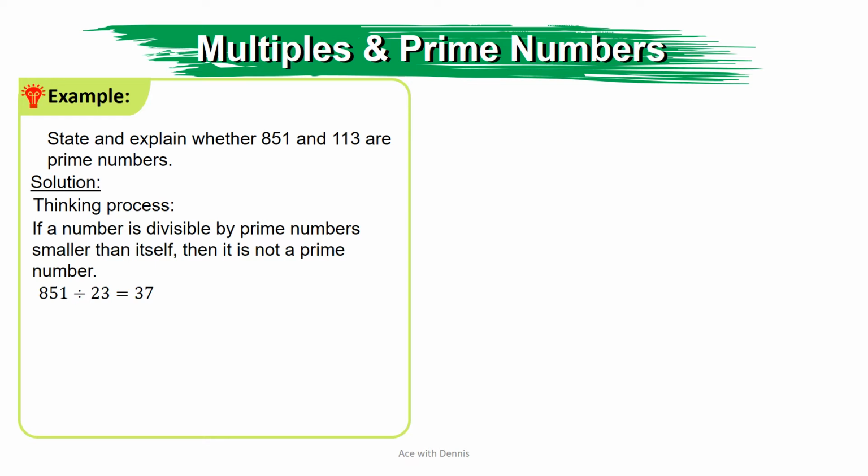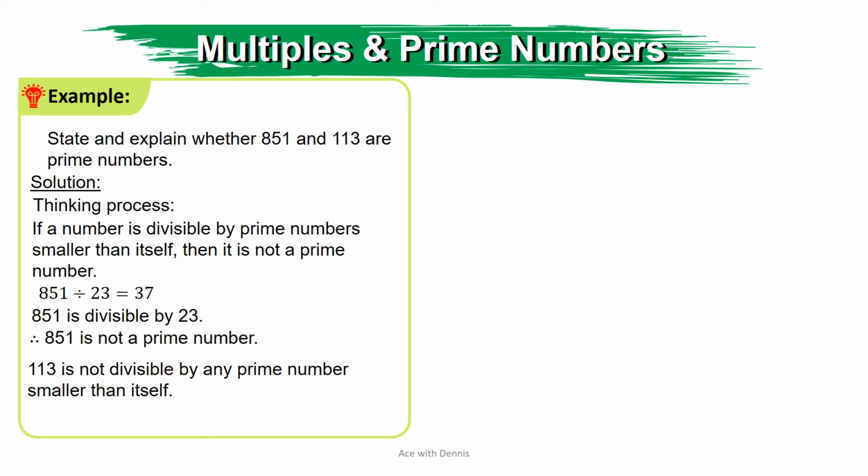Therefore, 851 divided by 23, we get 37. 851 is divisible by 23, hence 851 is not a prime number. However, 113 is not divisible by any prime number smaller than itself. Therefore, 113 is a prime number.